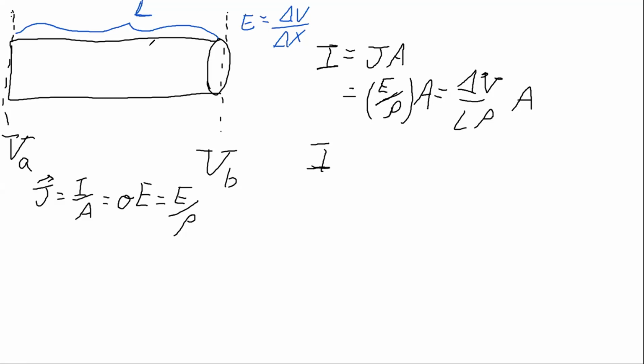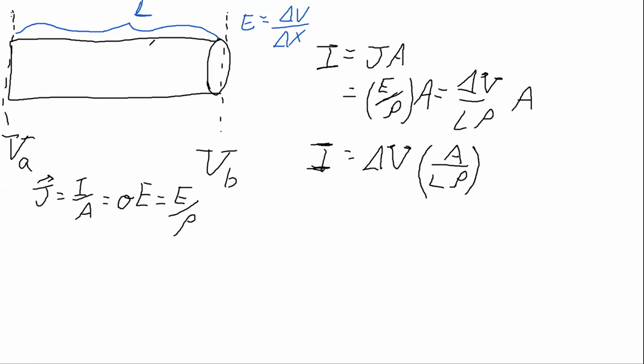We have I on the left equals delta V, and all this stuff here, A, L, rho, all of that is dependent upon the actual wire. Resistivity depends upon the material, length is just the length of the wire, and A is your cross-sectional area of the wire.